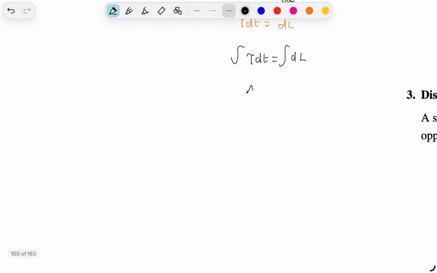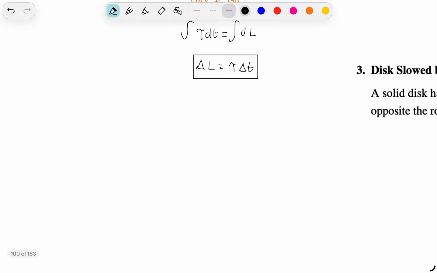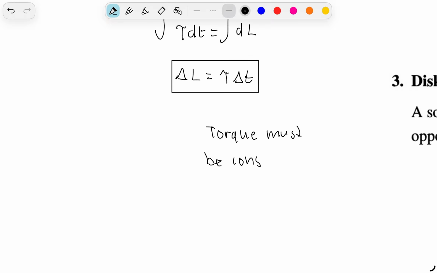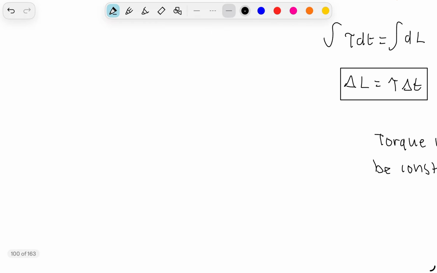Our final result is delta L equals torque delta t. This is going to be our golden equation, and our condition for this is that torque has to be constant. So this is our rotational version of impulse.